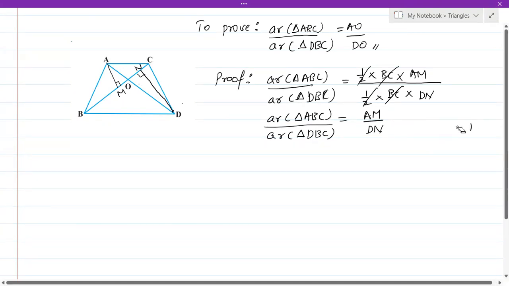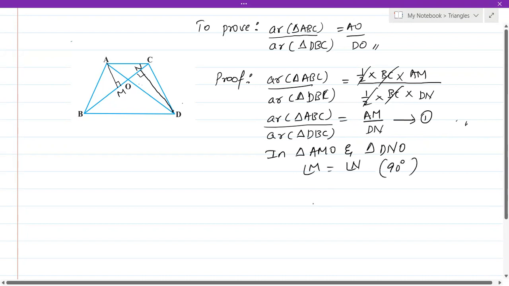Let's take this as equation 1. For that, I'm going to take triangle AMO and triangle DNO and prove that these two triangles are similar. Angle M is equal to angle N, both are 90 degrees.